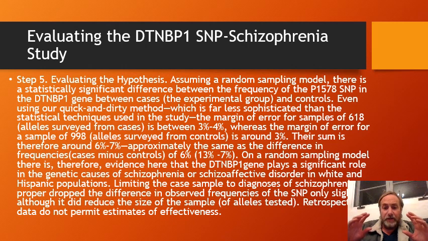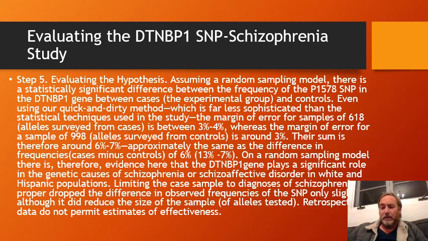And the difference in the frequencies, 13% minus 7%, is right around there. So you might be tempted to say they overlap. But since the study did more sophisticated statistical techniques and they say that's statistically significant, then go with what the study says. We're seeing it's close.